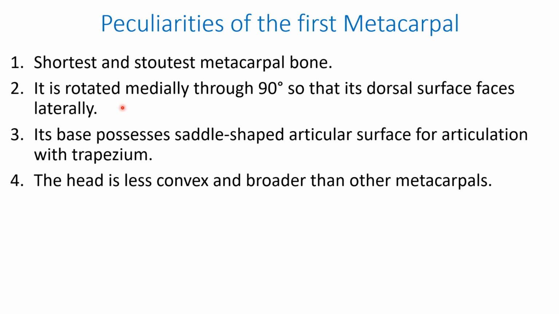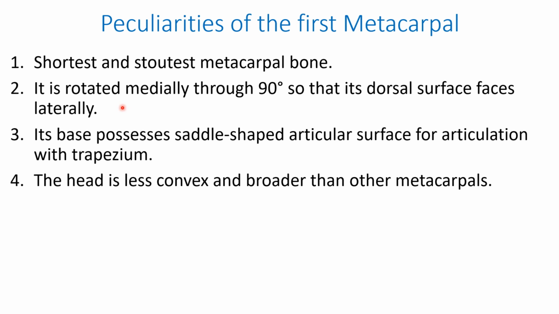Then its base possesses a saddle-shaped articular surface for articulation with the trapezium. The trapezium is a carpal bone found on the distal row of the carpal bones. Then the head is less convex and broader than other metacarpals.